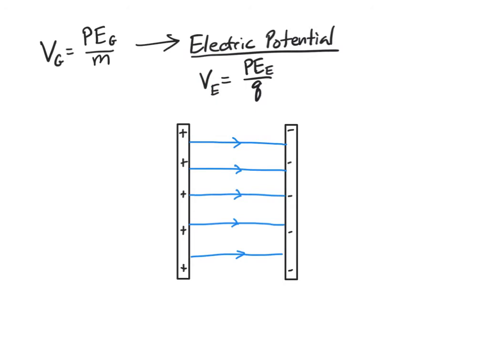It's just a number, and it tells me the potential for my system to have potential energy if I were to put some amount of charge Q in any arbitrary place. So let's consider this place right here. What might the value of potential be?